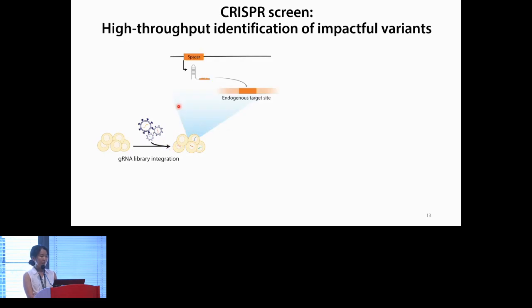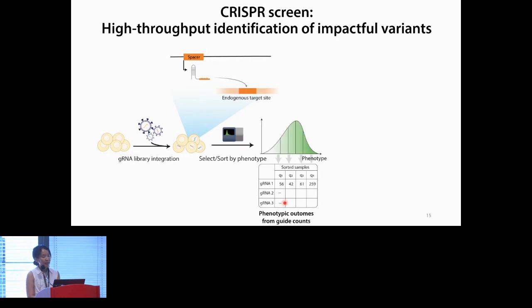And assuming that we have one or very few guides per cell, after the guide has been integrated, it will be transcribed and will be targeting the endogenous target site, which will change our phenotype of interest somehow. And depending on the phenotype, we are selecting or sorting the cells. And based on the sorted phenotype, we can have different populations of the cells, and we are quantifying how abundant the guide is by sequencing the construct here.